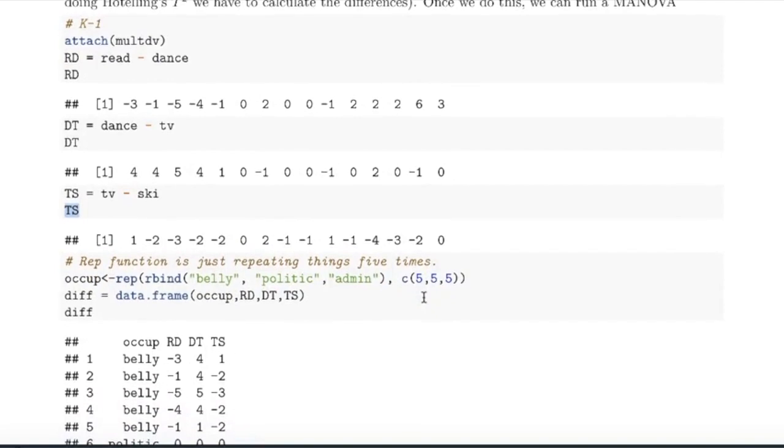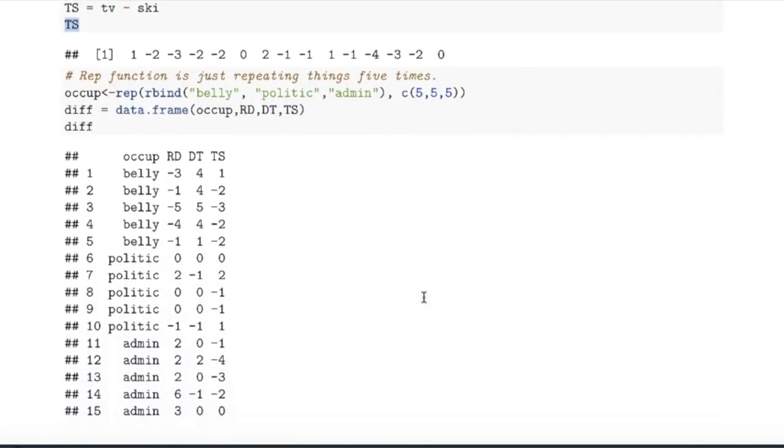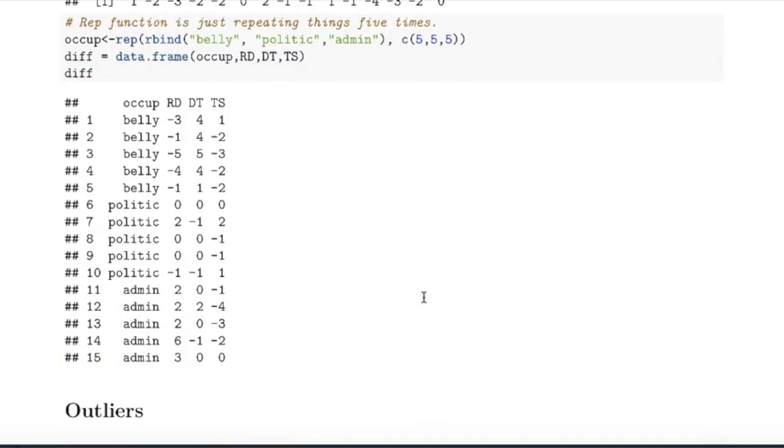So what we're going to do now is create a new data set, and that data set is going to contain the differences. So I created this variable called occupation, basically, but simplified. So I'm saying repeat and bind the rows by belly, politic, and admin. And I want it repeated 5 times for belly, and then 5 times for politic, and then 5 times for admin.